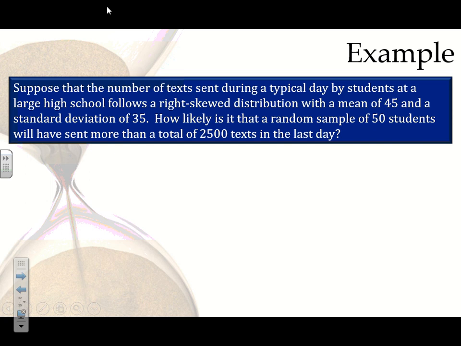If we take a look at this problem, a couple of things we want to start sifting out are the important information. It says the distribution is right-skewed, so our population distribution is not normal. That's something to keep in mind. It has a mean of 45. What mean is that referring to?